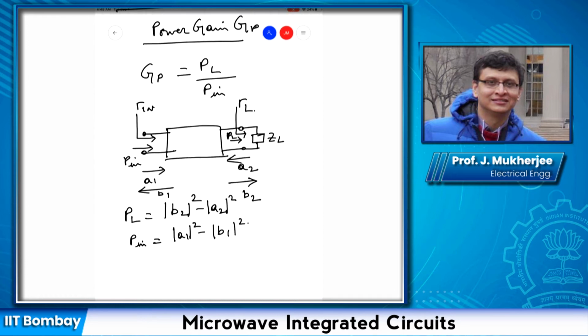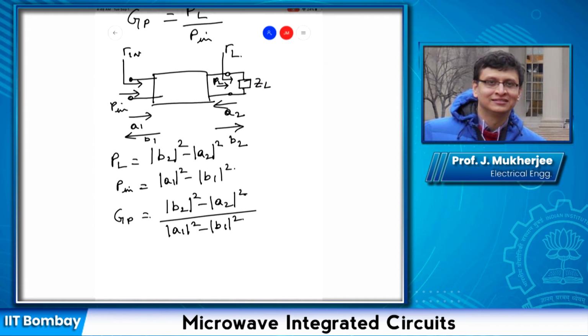Then GP is equal to B2 square minus A2 square upon A1 square minus B1 square.